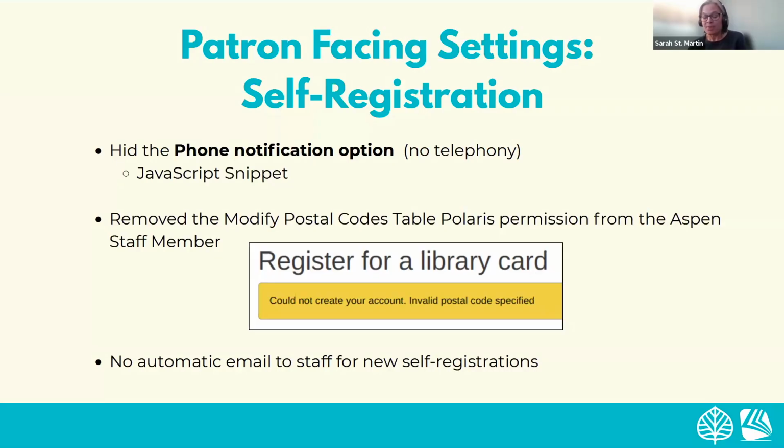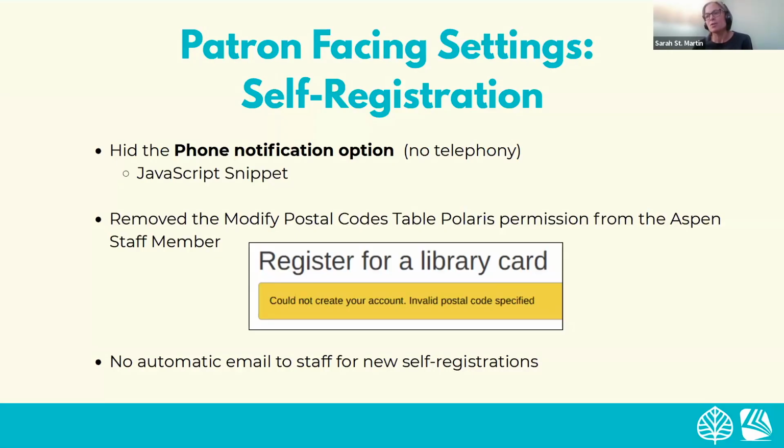If a patron entered the wrong city or misspelled it and a different patron or a different zip code, it would create a new entry in that table. And it was just becoming confusing for staff because that would pop up when they were registering patrons, and it was just a lot to maintain. So if a patron enters a zip code and town combination that doesn't exist, they'll just get this message. And that's just been really helpful for us.